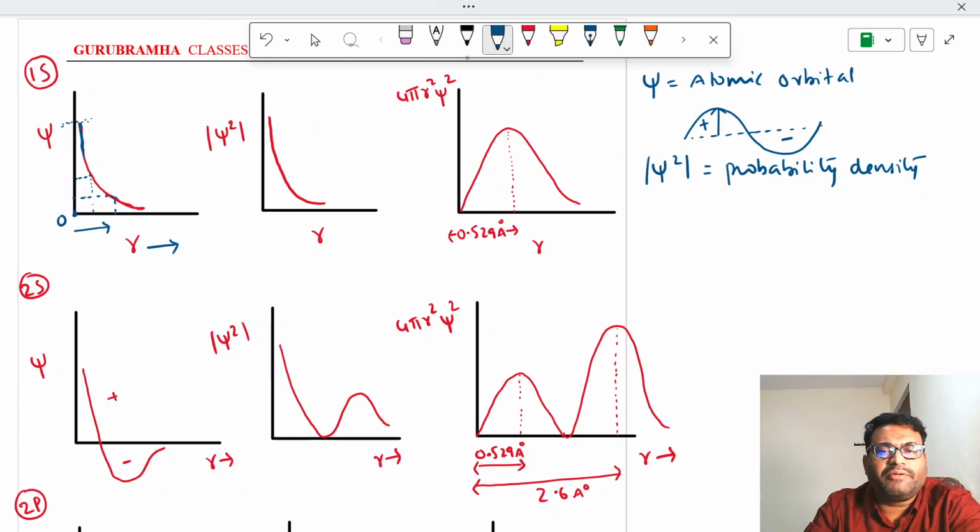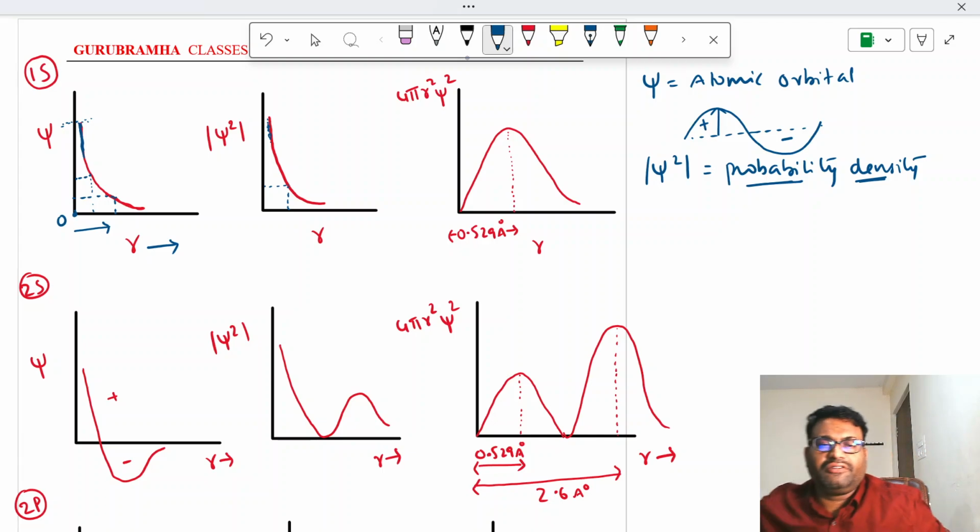So to make it positive, we use psi square. Again, when you draw the graph, very close to the nucleus the probability is more, and as the distance increases, the probability decreases.